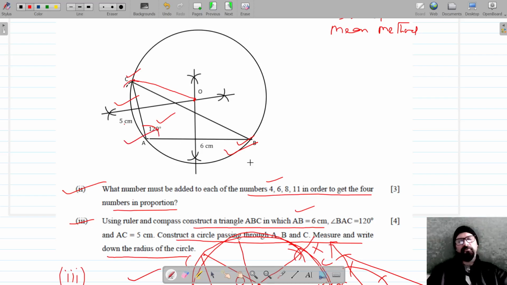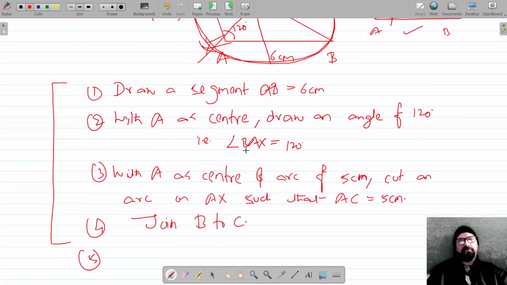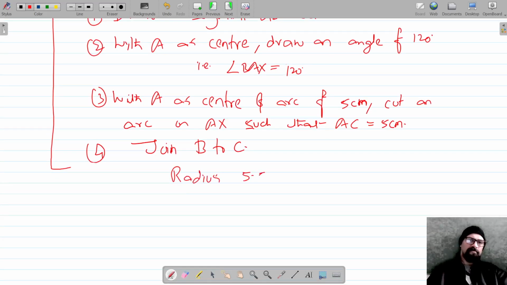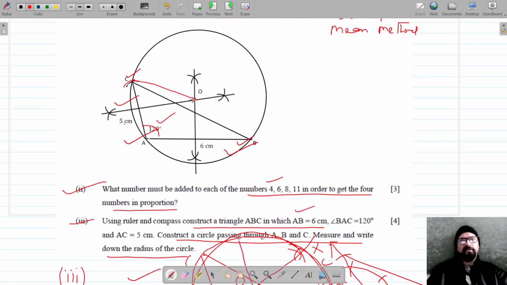This will exactly pass through A, B, and C. So this is how we construct the circumcircle, and the radius will come out to be 5.5 centimeter. If you measure any distance like OA, this will be the radius of the circle.